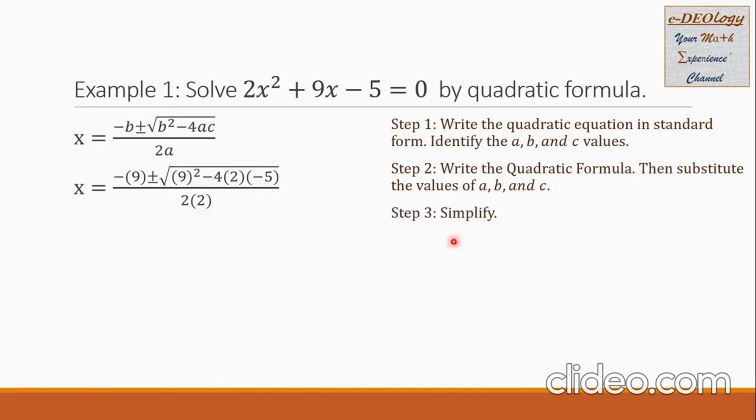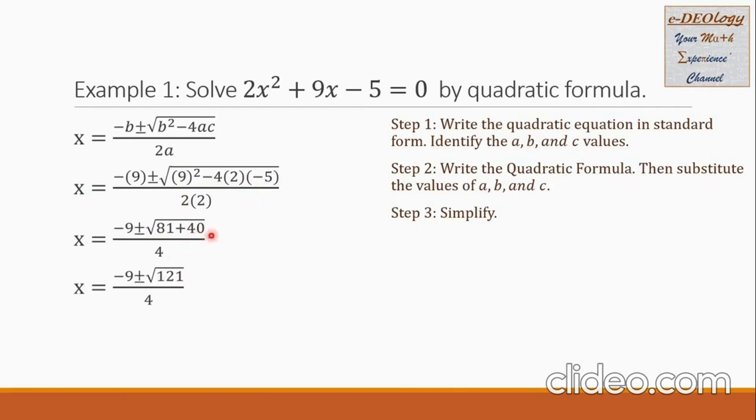And step 3, we will simplify and get the values for x. So the negative of the positive 9 is now negative 9, plus or minus 9² is 81, the product of −4, 2, and −5 is positive 40 all over 2 times 2 is 4.